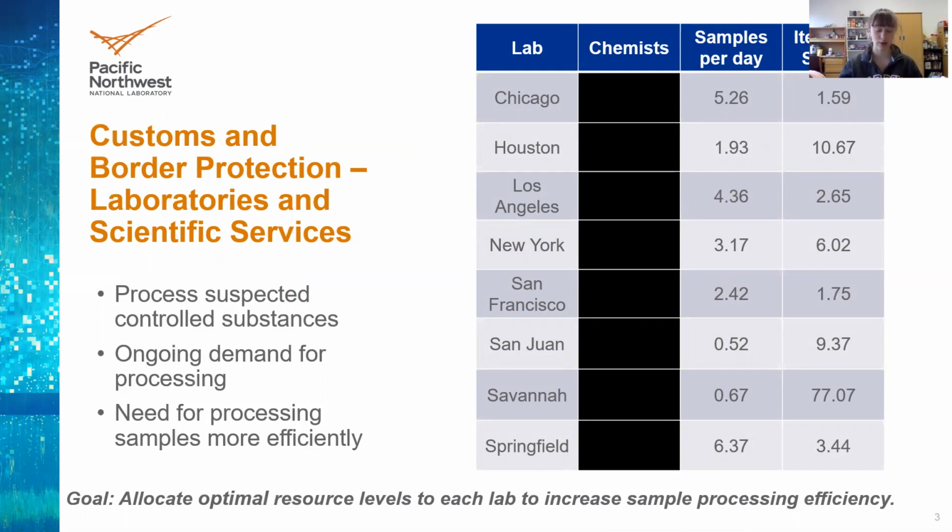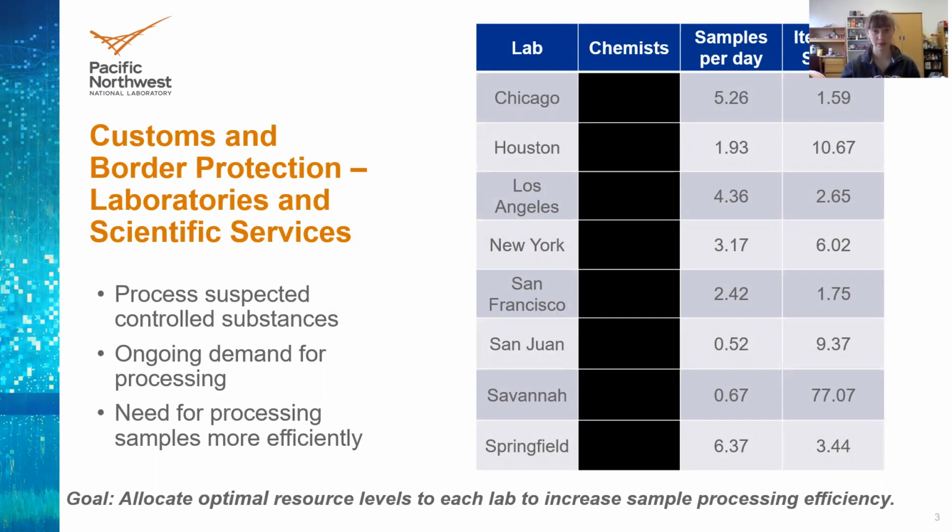So just to take a quick step back, I mentioned this is a resource allocation project, and for those who maybe aren't familiar with that term, resource allocation basically means we have some resources that we want to deploy. In this case, we want to assign chemists to work at 8 labs across the country for Customs and Border Protection.